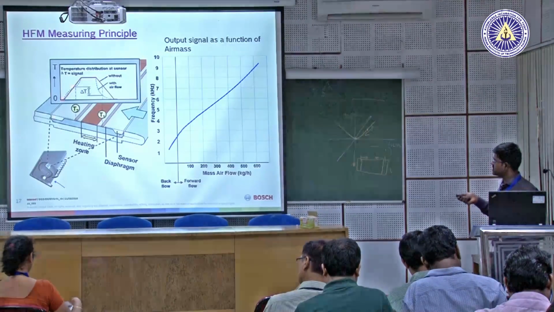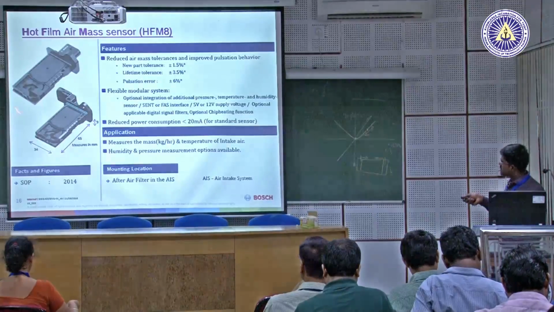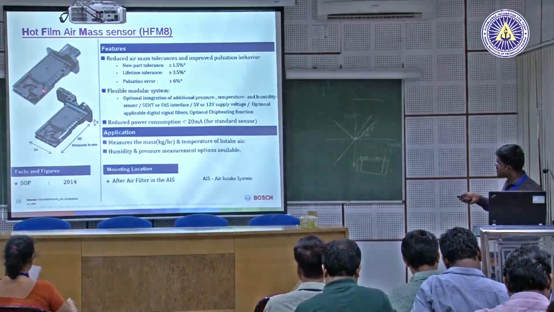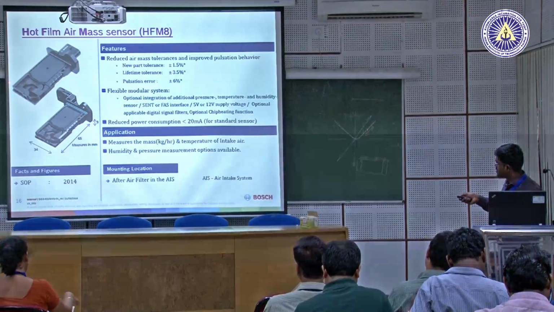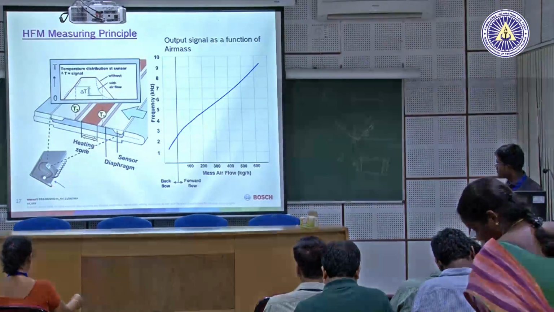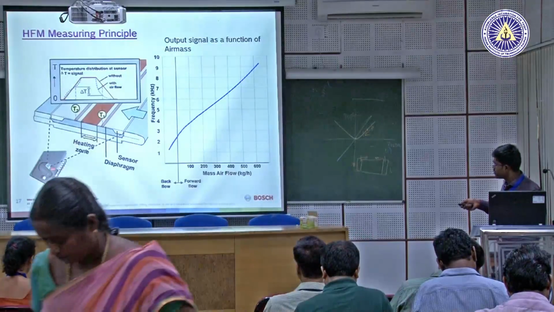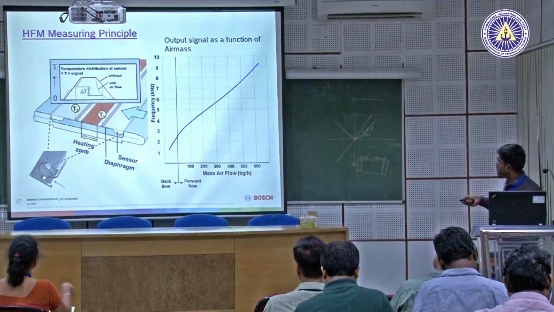So, the same concept is taken here. If you can see, this is the plug-in and this is the air bypass unit, where a small amount of air goes, and the air goes like this. So, this is the chip inside that one, and this is magnified.